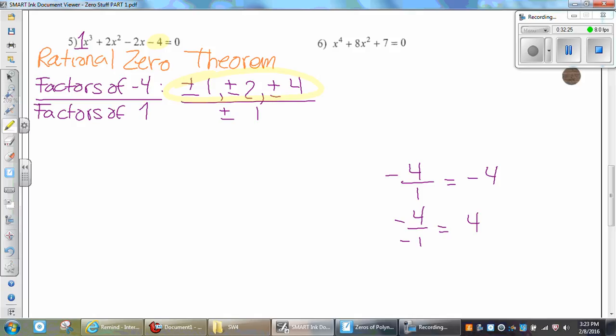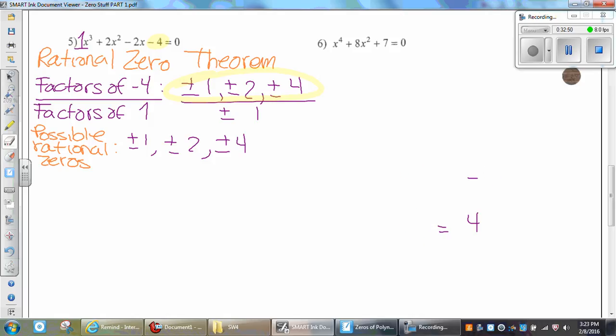The possible rational zeros. And so those will be plus minus 1, plus minus 2, and plus minus 4. So how many possibilities do we have total? 6. Very good.